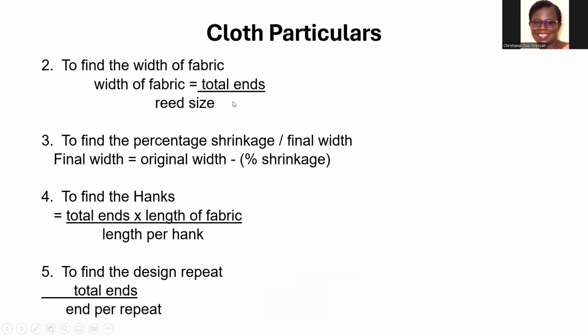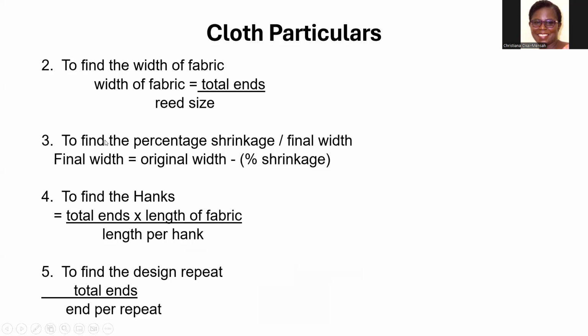You just divide it and you have the width of the fabric, because to get the total number, it is the width times the reed size. So if you want to get the width, it is the total ends divided by the reed size.